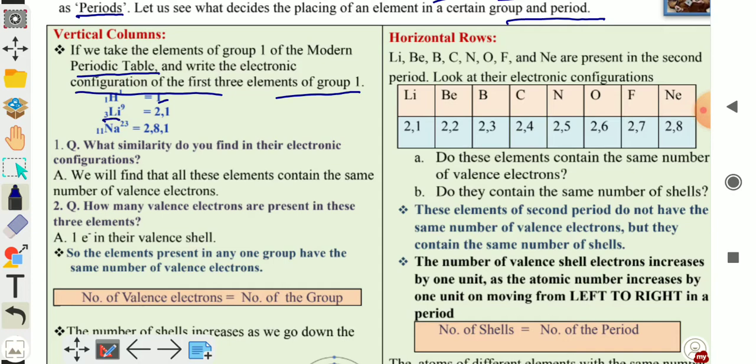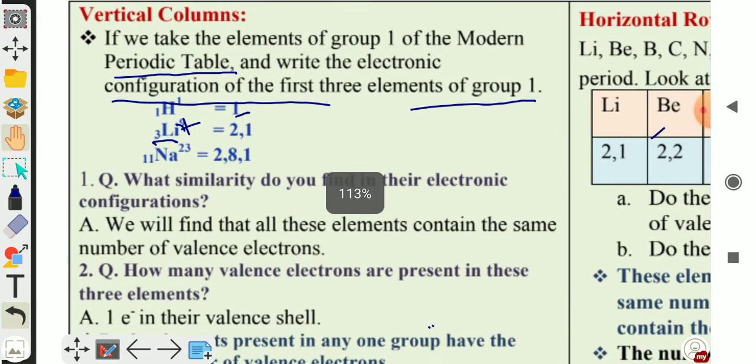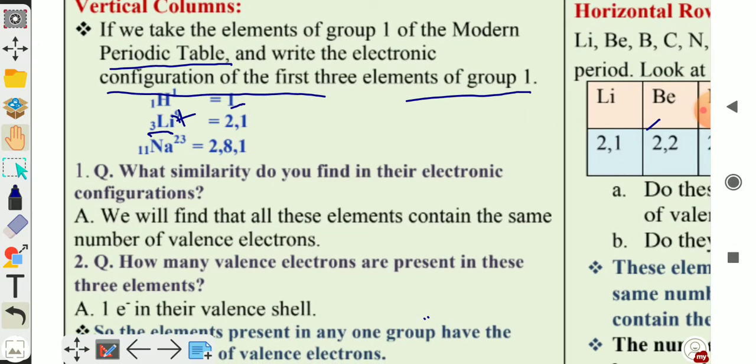Lithium atomic mass is 7, not 9. So the electronic configuration of lithium is 2, 1, while the sodium atomic number is 11, atomic mass is 23, and the electronic configuration is 2, 8, 1.